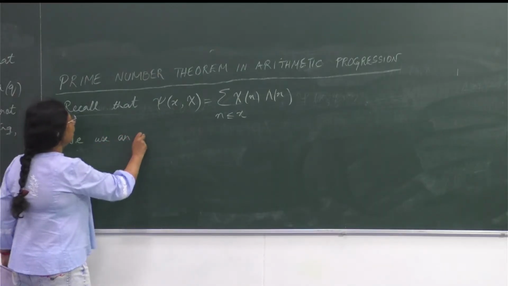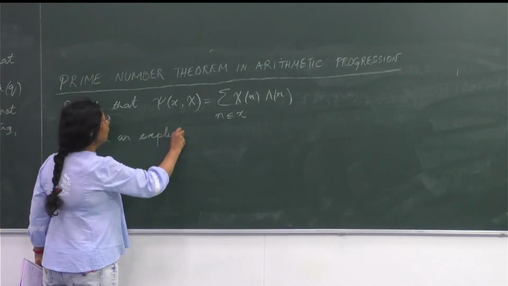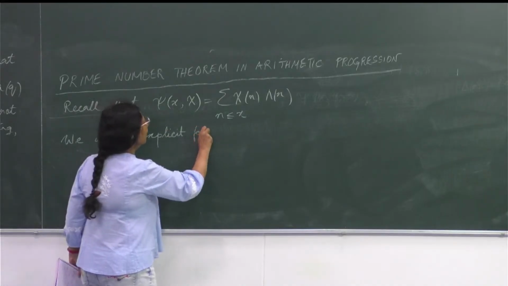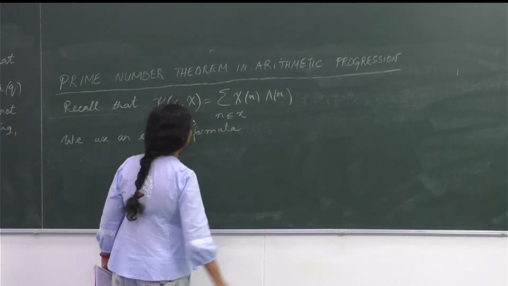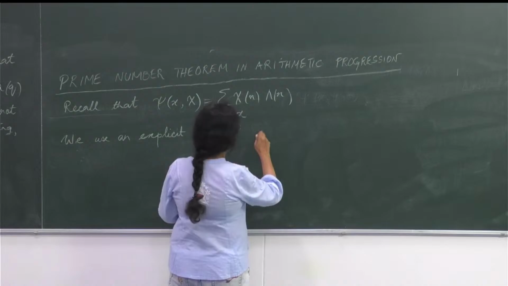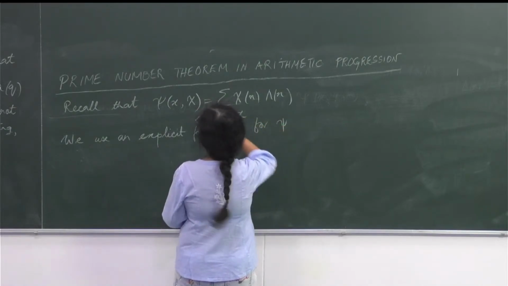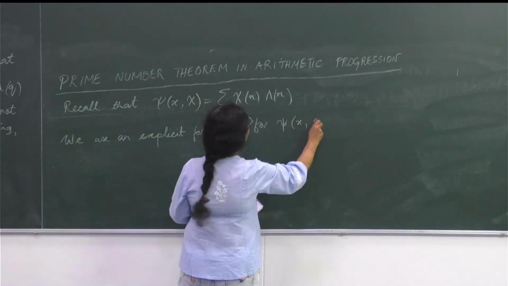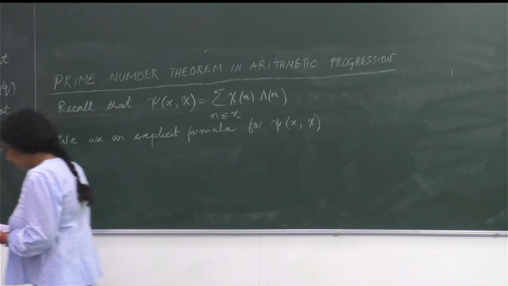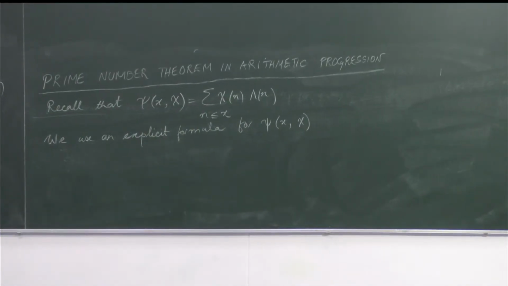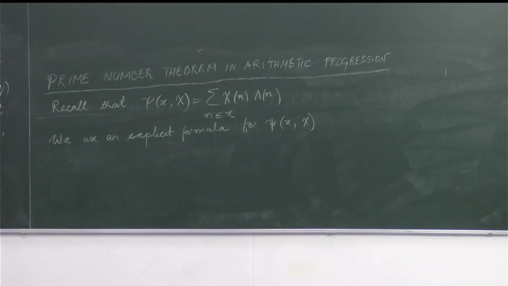Much of our effort will be in obtaining such an explicit formula for psi x chi. Because if you have psi x chi, then you can use that to get psi x q a, by this result.